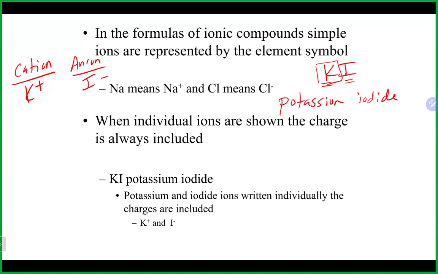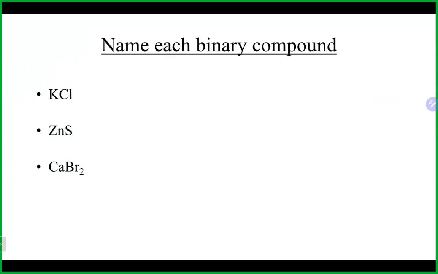Same thing with sodium chloride. NaCl has no charge when we put it together, but it's made up of two things that do have charges, a sodium with a +1 charge and a chloride with a -1 charge. All right, so why don't you try some here, name these guys, and also write the formulas for, let's do lithium nitride.